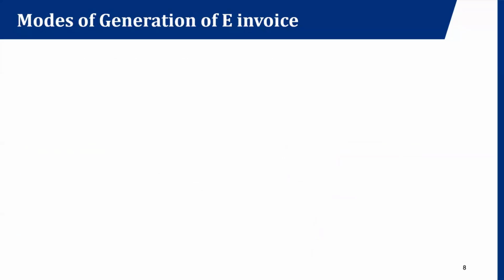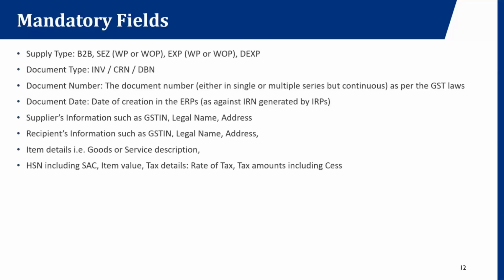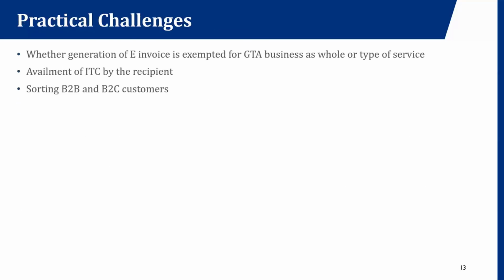Next, one more practical difficulty. The third one is sorting of B2B and B2C customers. In automobile specifically, I have seen that customers don't give their GST numbers, and later they come and provide us a GST number and tell us to provide the invoice as a B2B, which will be reflecting in their 2A.